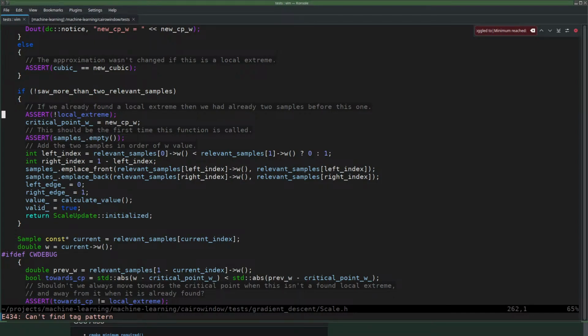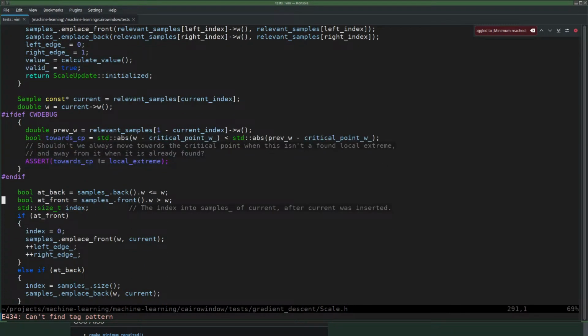I think we did, definitely did. Current relevant samples, current index, do some assert, it's still away. So this is going to be false. Then assert false is unequal local extreme, which is true. Yeah, that's also correct.